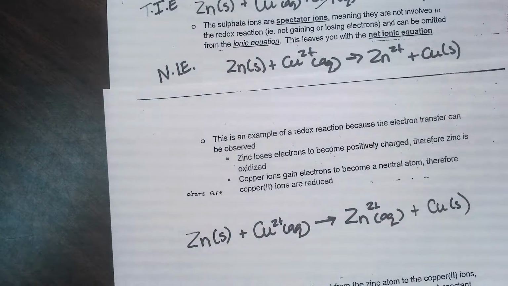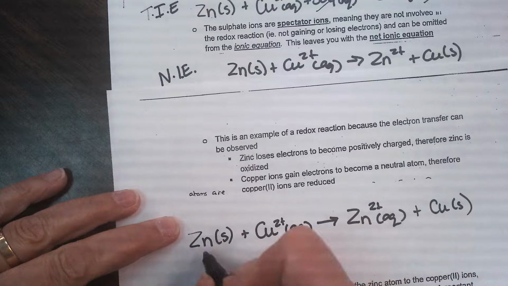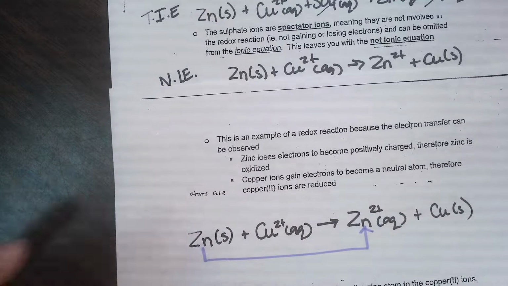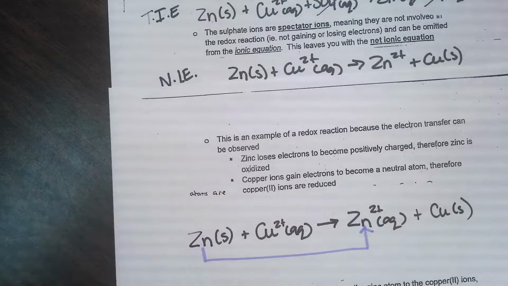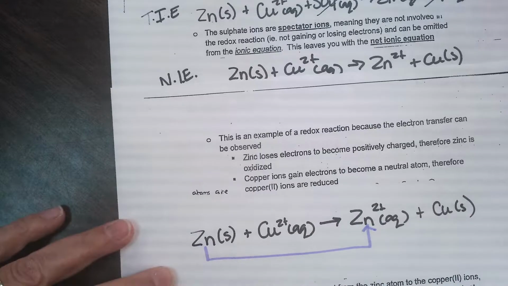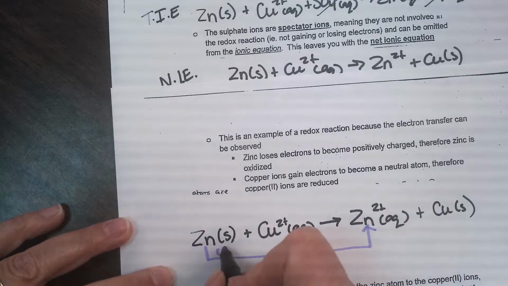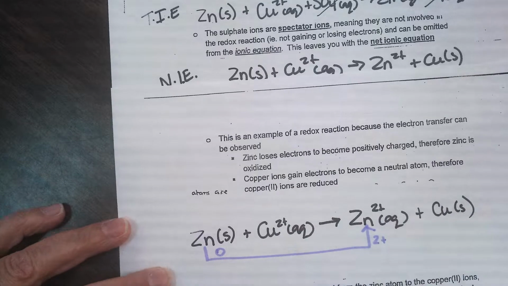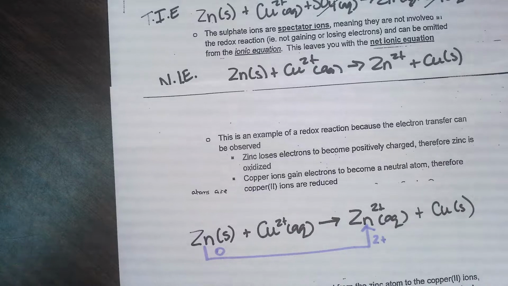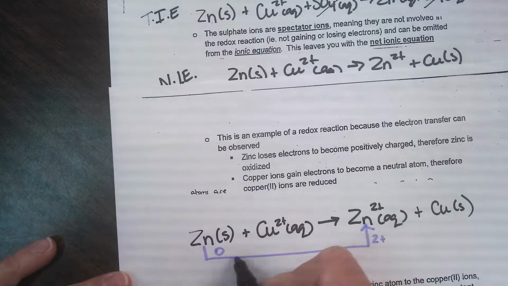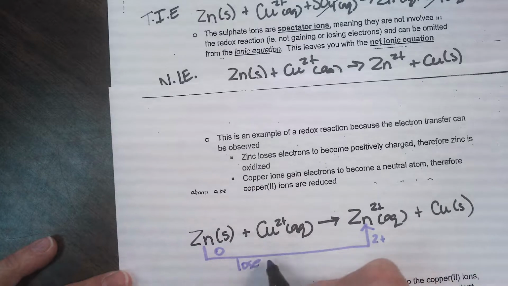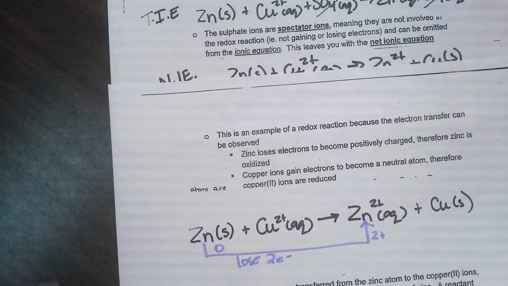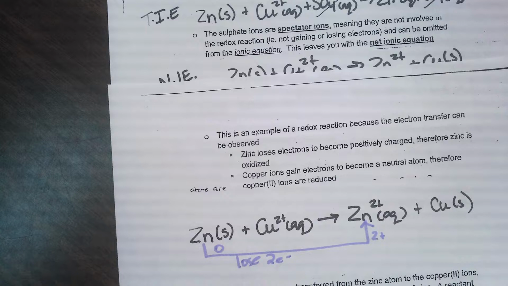When we look at the zinc, we're only going to compare zinc to zinc, apples to apples. This goes from a 0 to a 2 plus. In order to do that, you have to lose 2 electrons because we're going from 0 to 2 plus.